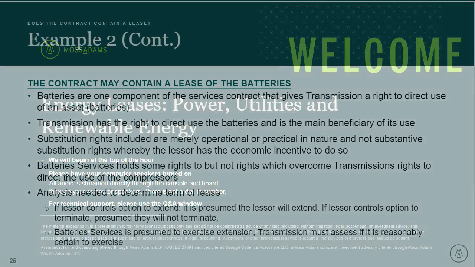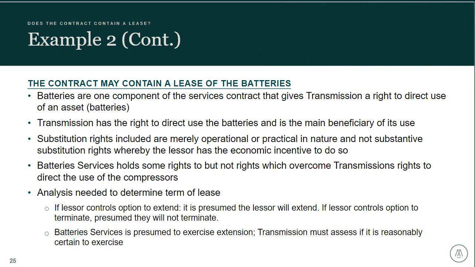Okay. So this point is the contract may be, and you're going to love it because all of our answers may be, contained in a lease if the batteries are one component of the services contract that gives the transmission company a right to direct the use. So we kind of have the right to control. I think regardless, we have that right to control in this example that we brought forward.